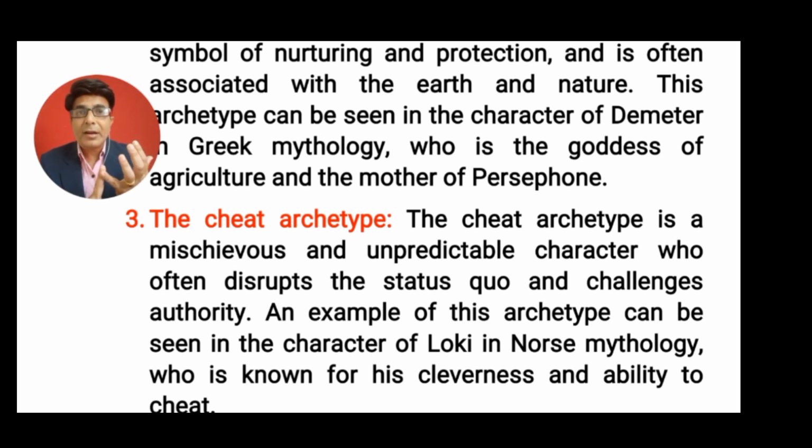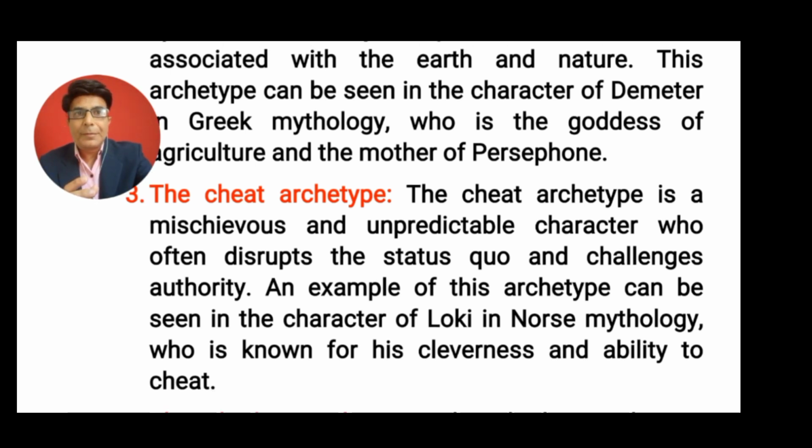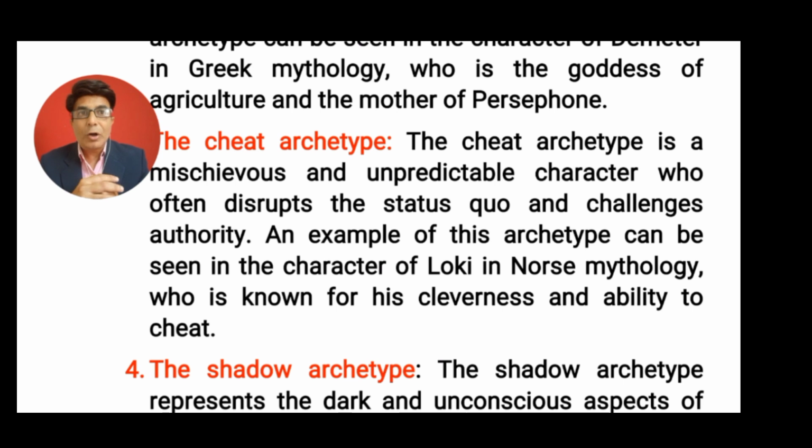In the same manner, let me give you another, third example, the cheat archetype. The person who is a cheater, the person who deceives someone. The cheat archetype is a mischievous, unpredictable character. You cannot predict this character. Someone who passes through struggles, and someone comes into your life who cheats you and creates more troubles in your life. We have the character of Loki in Norse mythology.